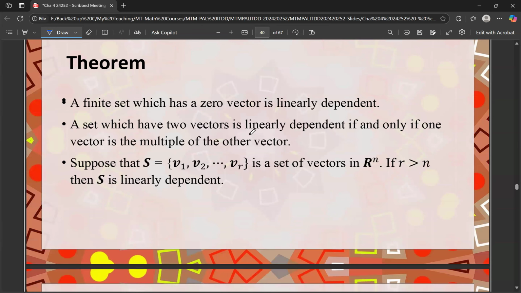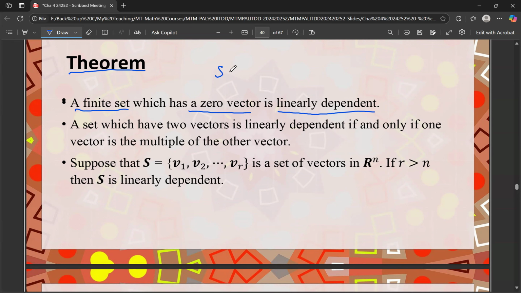These are some theorems. You can use these theorems without proving anything, just apply them. This theorem says that a finite set which contains the zero vector must be linearly dependent.